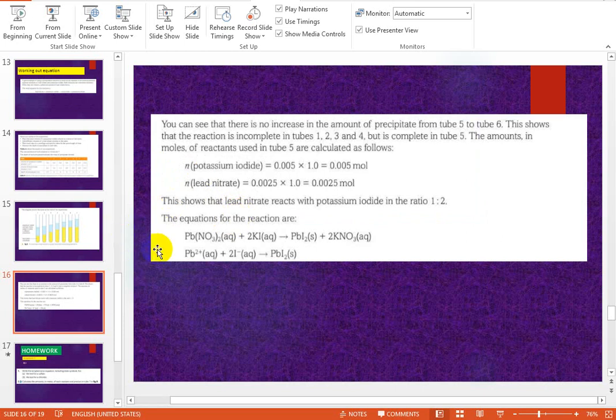Okay, the reactants were silver nitrate and potassium iodide. And maybe some information is missing here. No, sir, lead nitrate. Oh, lead nitrate. Yes, lead nitrate and potassium iodide.